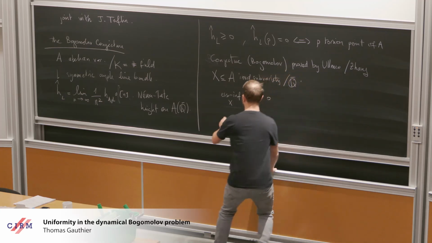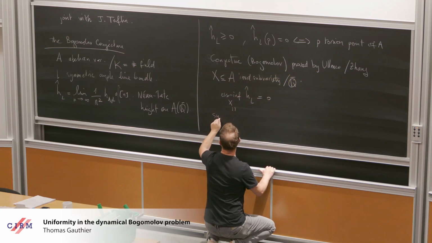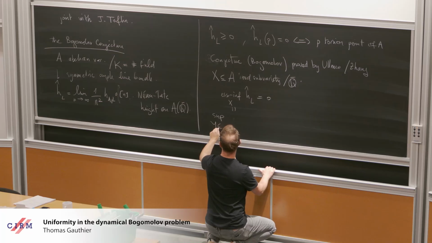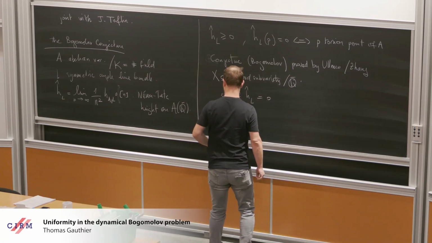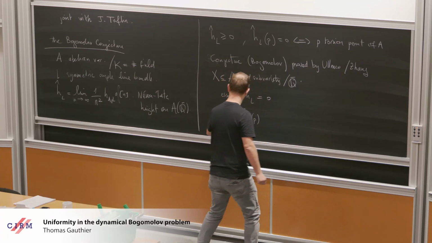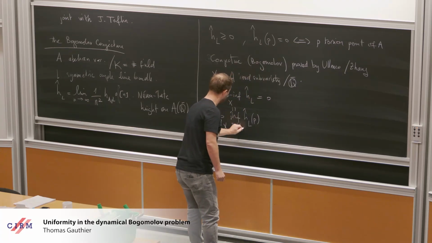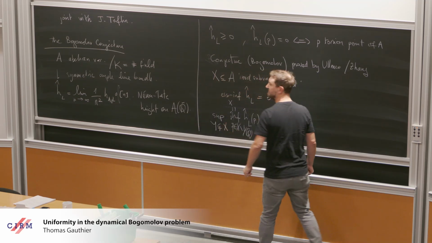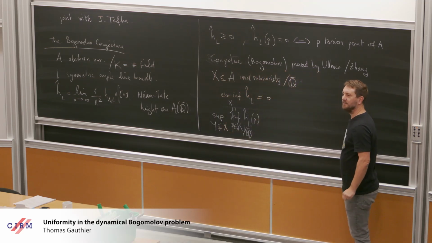Here, let me remind you that this is the supremum over closed subvarieties Y of the infimum of the height of points which lie in X but outside of Y. So this is the essential infimum.